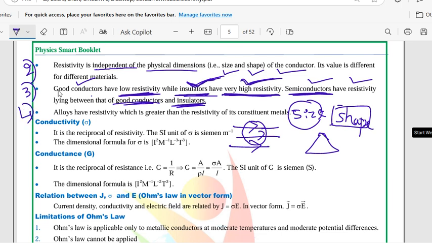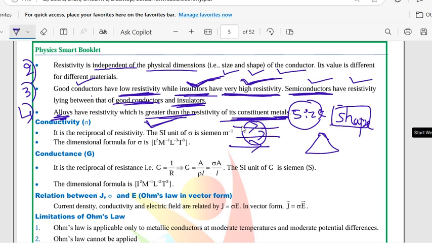Now coming to the fourth factor. Alloys have resistivity which is greater than the resistivity of their constituent metals.